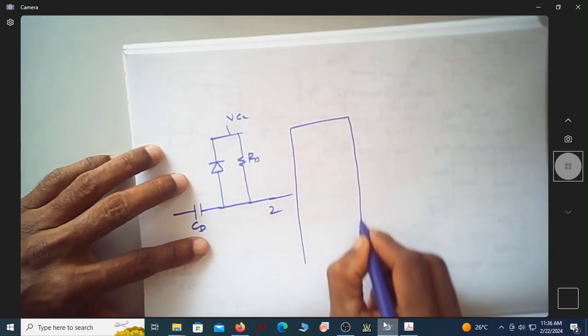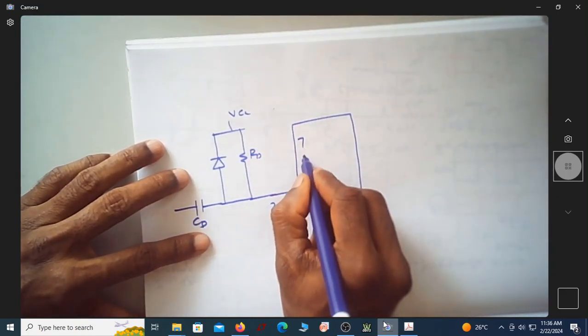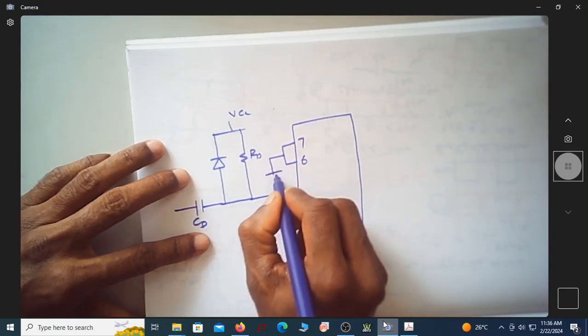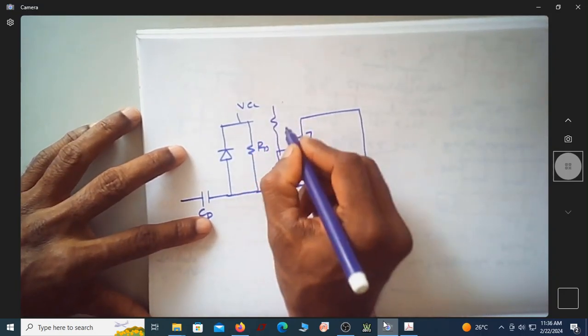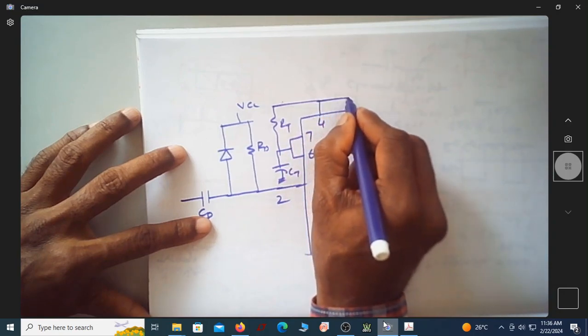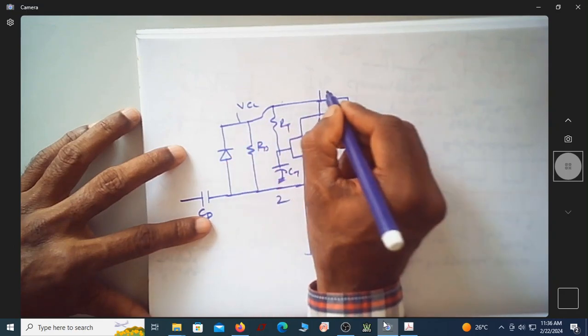This is pin 2, and of course you have pin number 7, pin number 6, and a capacitor goes here. This is your CT, and you have an RT, and of course this is pin number 4 VCC, sorry, reset. This is pin number 8 VCC. This is the same VCC, you can connect the same VCC here.